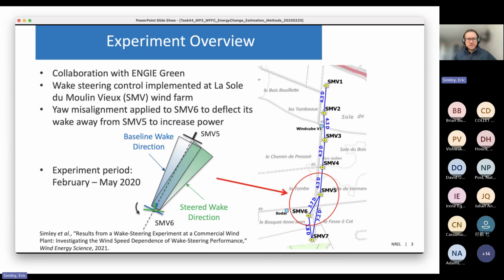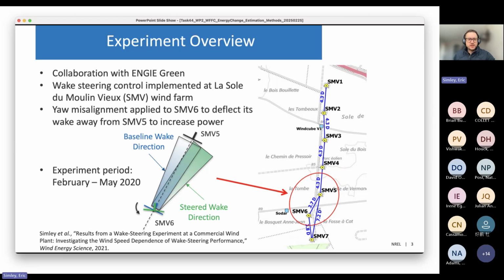This was a collaboration with NG Green at a wind farm in France with 7 turbines, and we applied yaw misalignments, so implemented wake steering on one of the turbines called SMV6, to deflect its wake away from SMV5 about 3.7 rotor diameters downstream in the direction of 208 degrees, I believe. We were just focusing on trying to maximize the power of that pair of turbines.